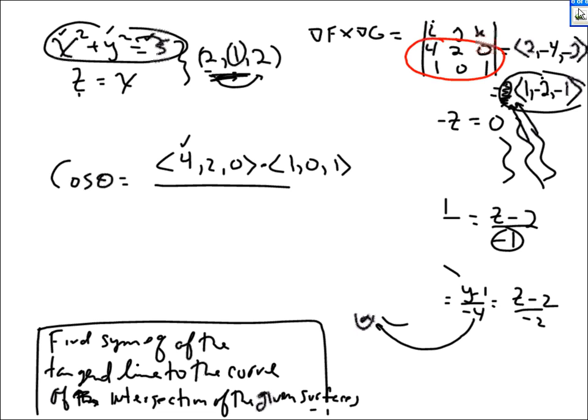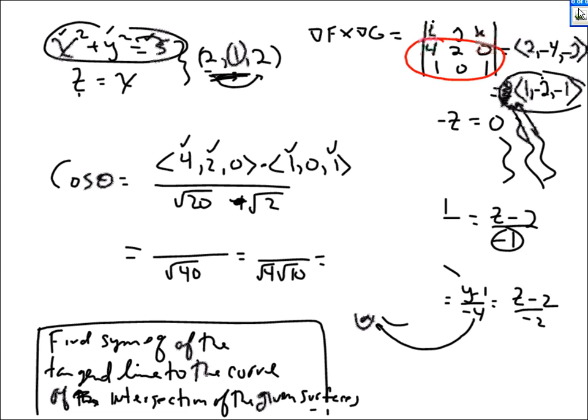4 squared is 16, plus 4 more is 20. Square root of 20. 1 squared plus 1 squared is 2. Should be times. So in the bottom, we have the square root of 40, which is the square root of 4 times the square root of 10, which is 2 square root of 10. In the numerator, 4 times 1 is 4, plus 2 times 0 is 0, plus 0 times 1 is 0.